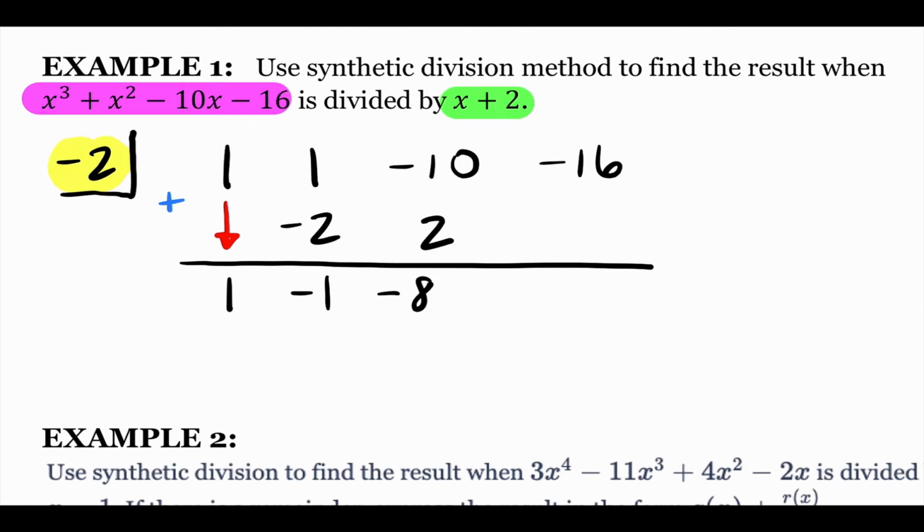Do the process again. Negative 8 times negative 2, positive 16. Negative 16 plus 16 is 0. I'm done. The division is done. You've just done division. Okay?